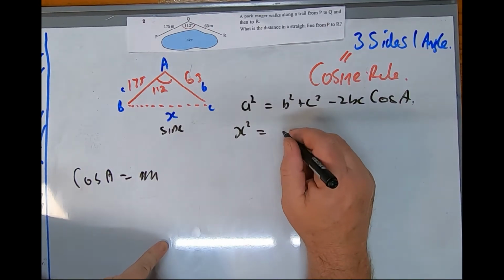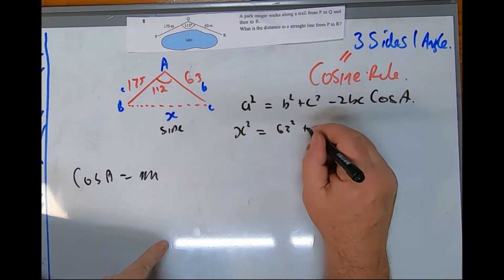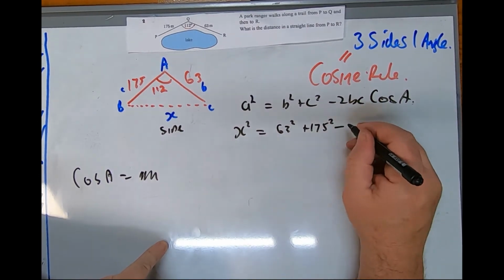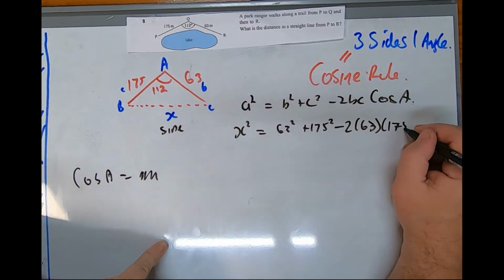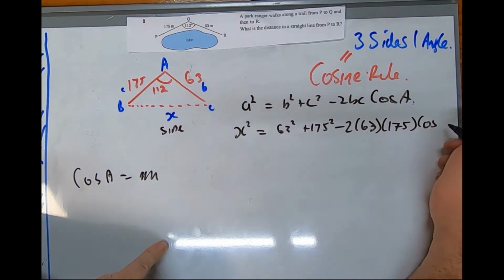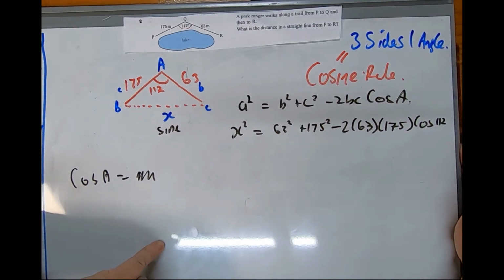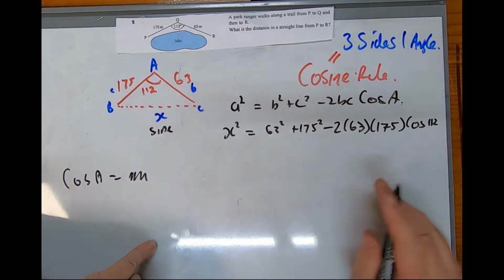Meters, 63 meters plus 175 meters minus 2 times 63. I'm going to put them in brackets so remember we're multiplying these guys. Cos of 112. Let's nudge that over so we can all see.